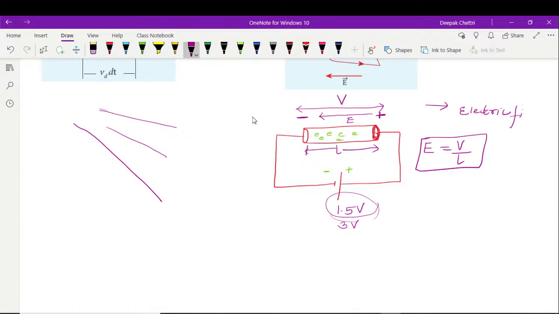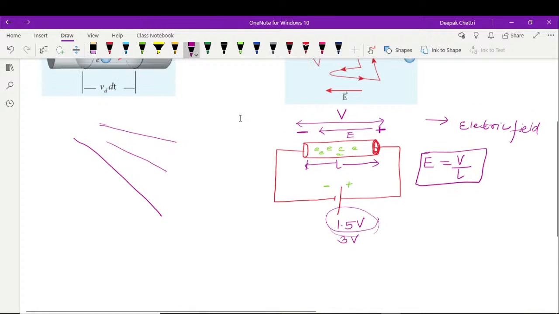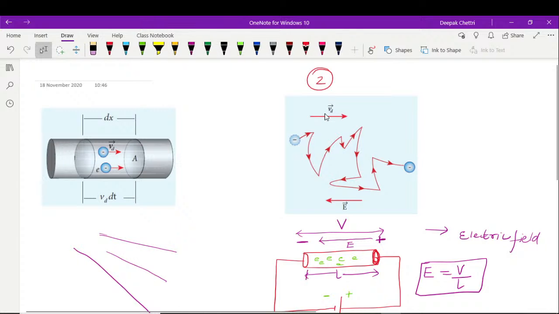So in this diagram that I showed you, this E here is the electric field, and it is a vector quantity, and you know the direction of electric field is from positive to negative. We have discussed this in the first chapter. Is it clear, yes or no?